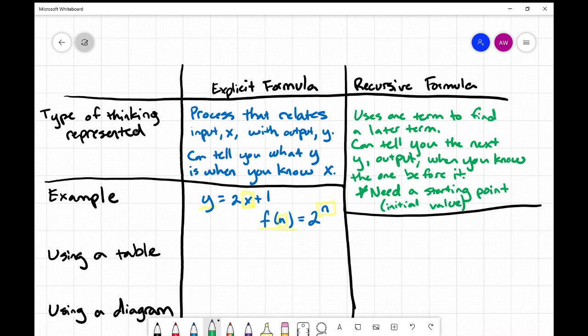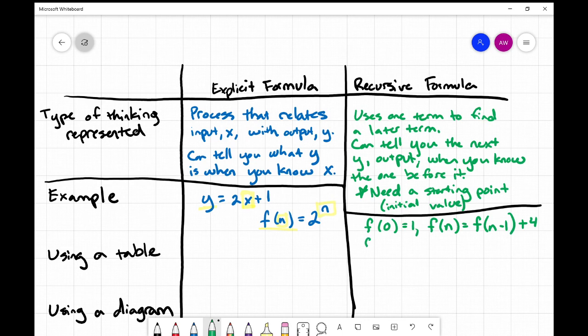An example of a recursive formula would be saying, like, the function at 0 is 1, which is the required starting point or initial value. Then we can use the function of n is equal to the function of n minus 1, the previous output, or y, plus 4.